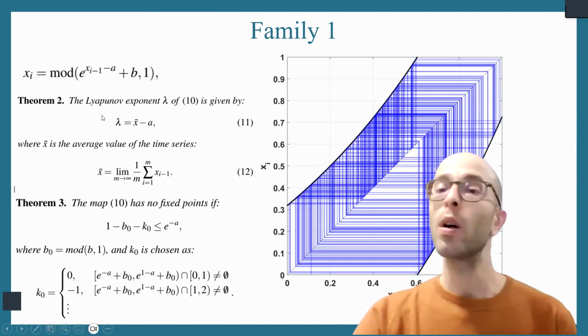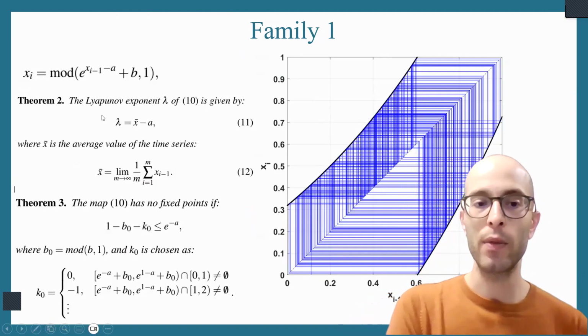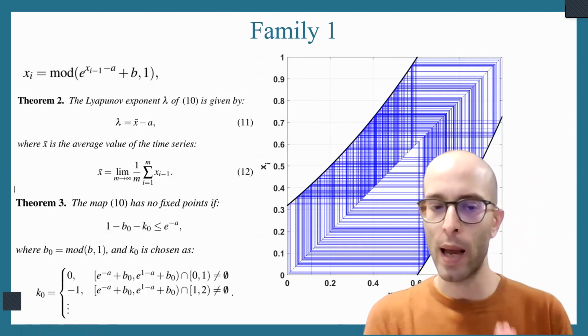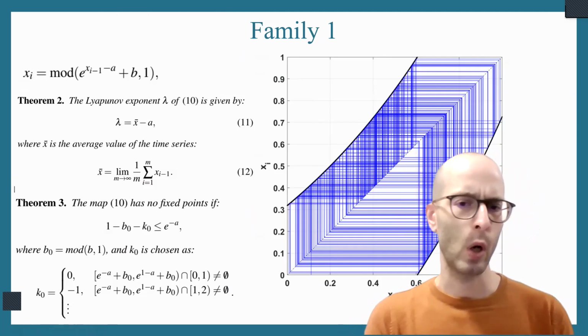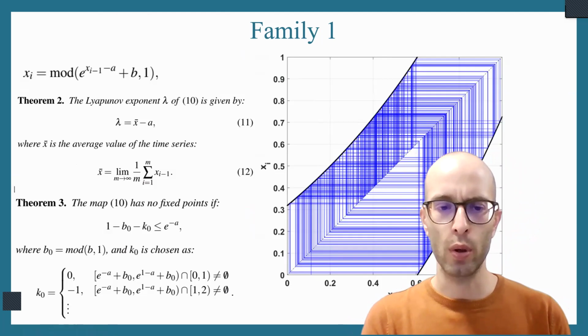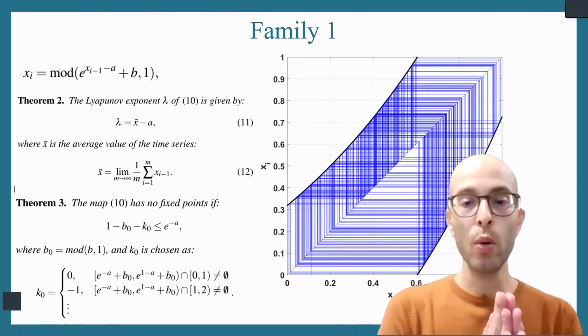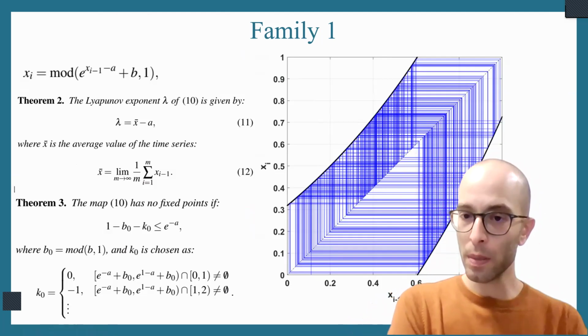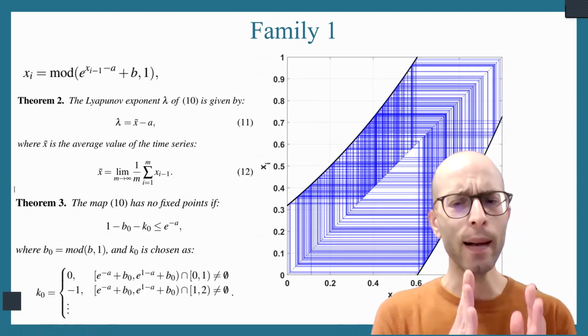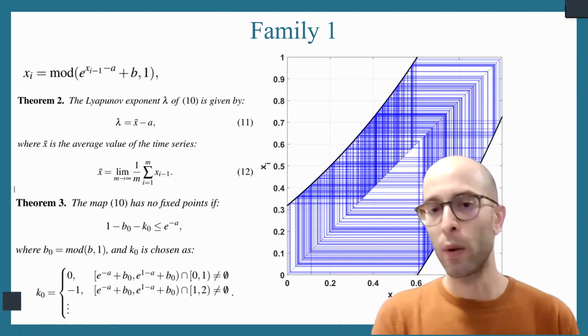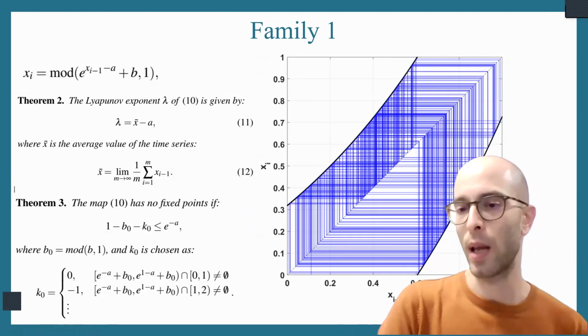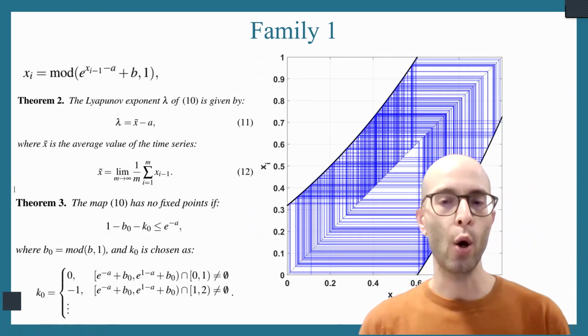Here, we again have some analytical results for the Lyapunov exponent formula, which actually depends on the mean value for the solution of the time series. And we also provide some conditions under which this map can achieve no equilibria and chaos at the same time. Here you see a cobweb diagram.